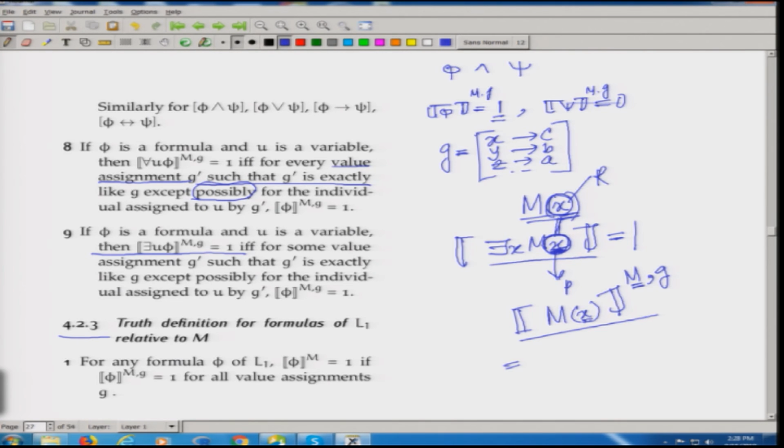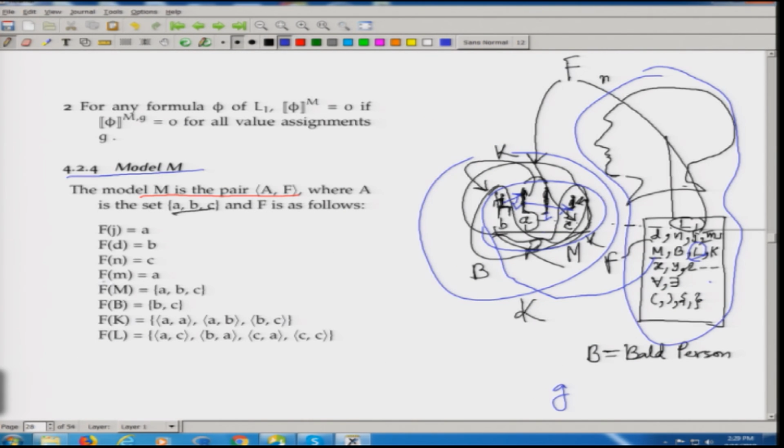What is it? x will now be c. So, basically it means the denotation of m with respect to m and g, because if the bases are not the same, we cannot calculate anything. That is the reason we need the base, which takes the denotation of x as a function, and x with respect to m and g. And we know the denotation of m from the model. This is the denotation of m: a, b, c, all three, right?